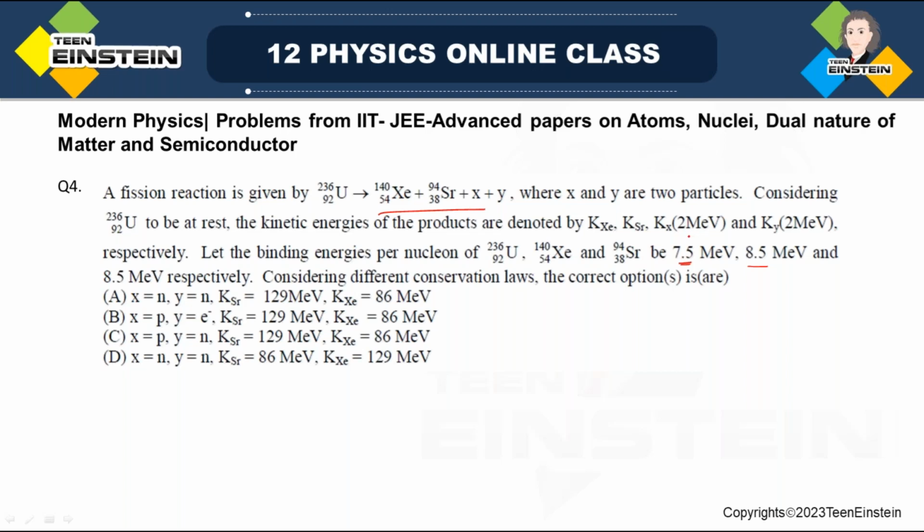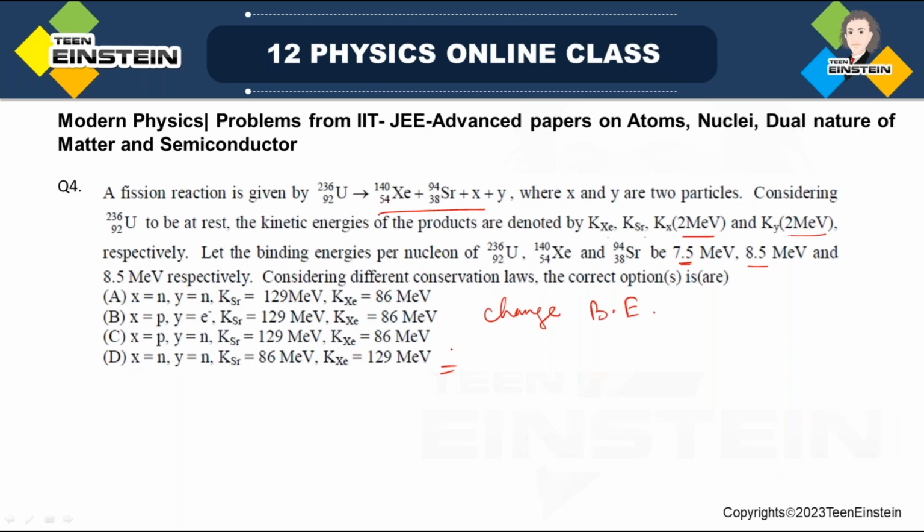So where the kinetic energy of the X and Y are given, the kinetic energies of xenon and strontium we don't know. We have to calculate those. So look, the change in binding energy will be, see how many nucleons are there for the uranium, that is 236.